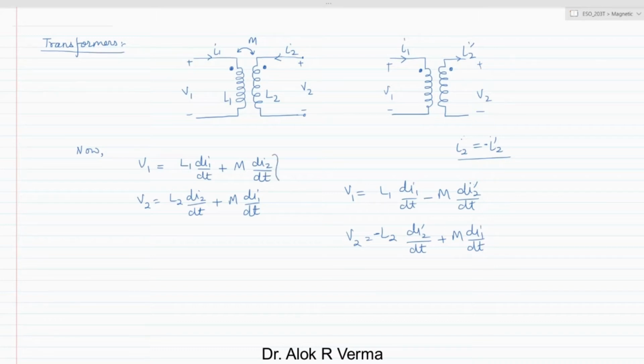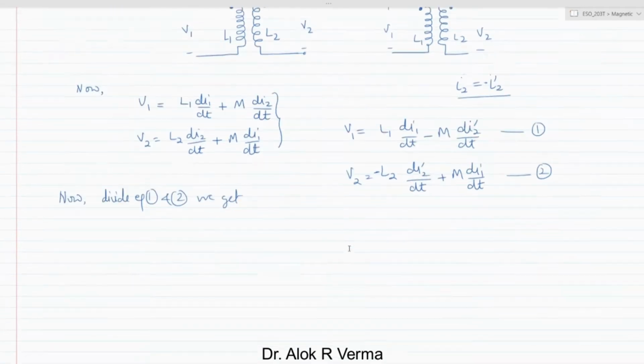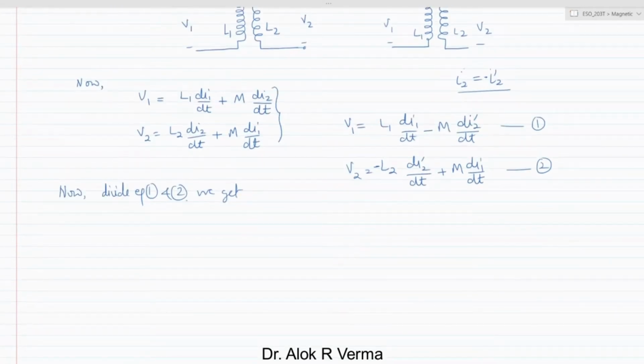So these equations are written assuming the current direction leaving the dot position in coil 2. So this is L2 and this is L1. Now suppose this is equation 1 and this is equation 2. Now divide equation 1 by equation 2.